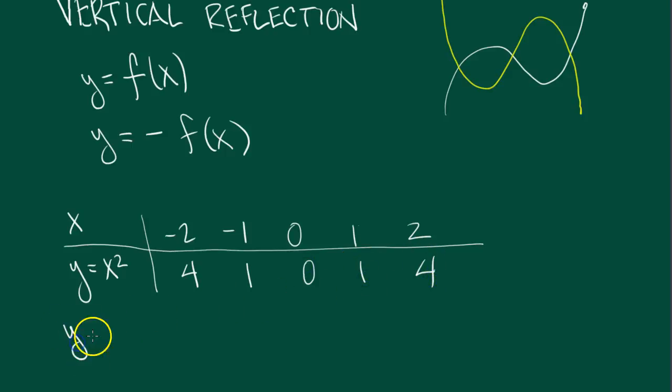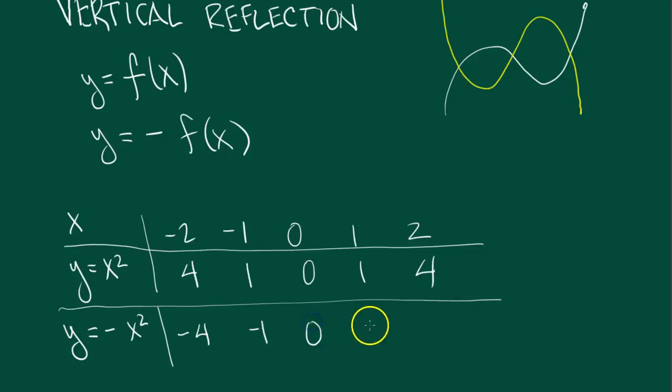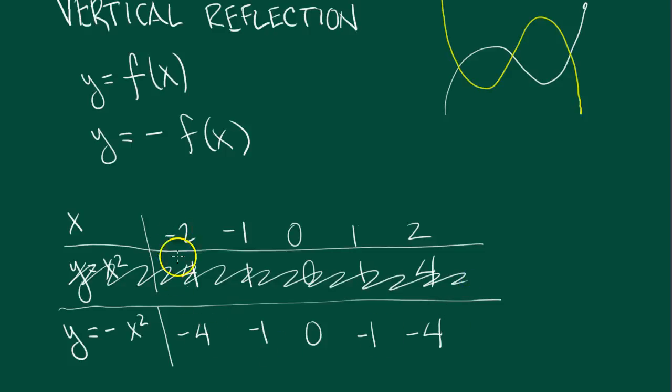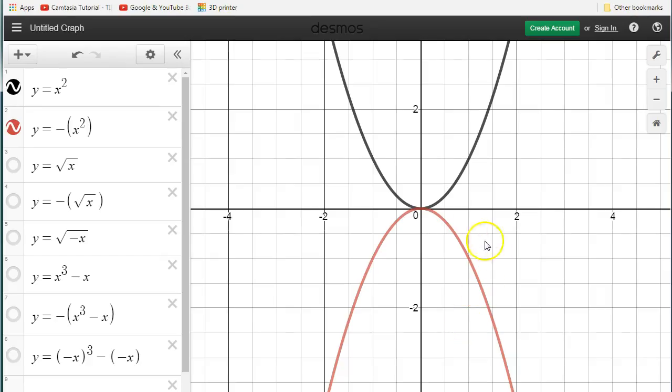If y is equal to -x squared, then I take all of these y values and multiply them by -1. And so I'm just going to scribble through these so that we can see all of my y values, and only my y values, are transformed. And that's what we've done here. All the x values stay the same, the y values change.